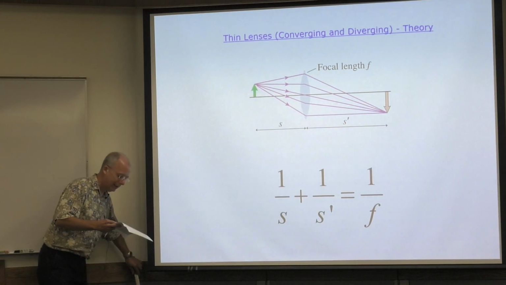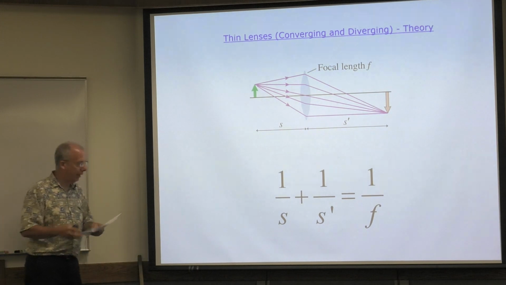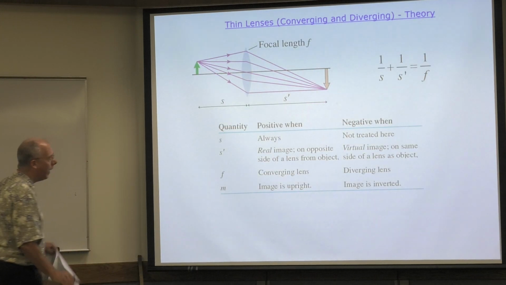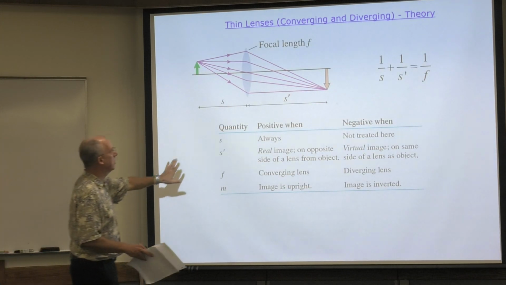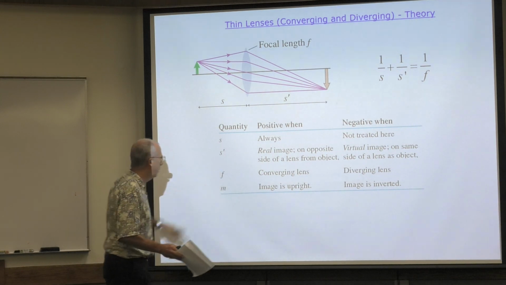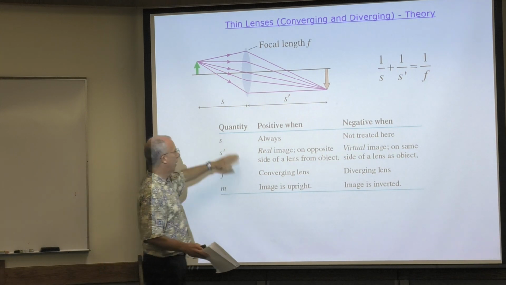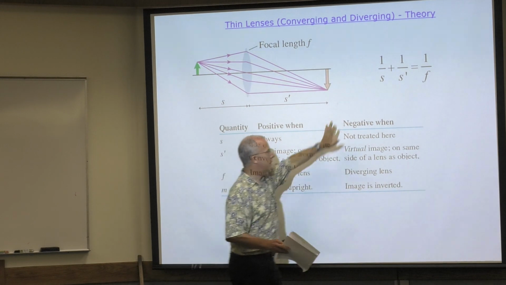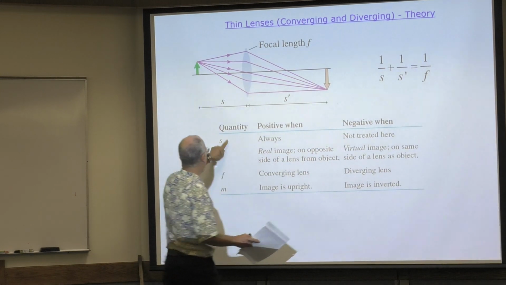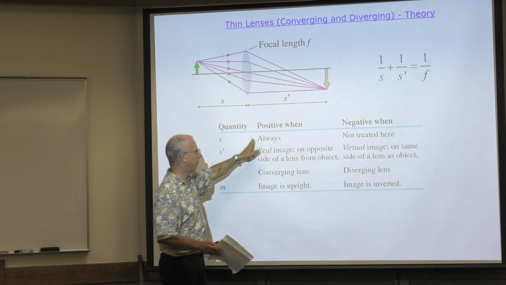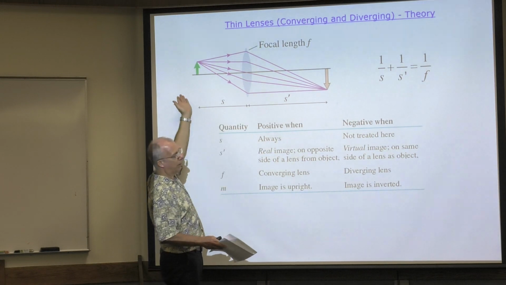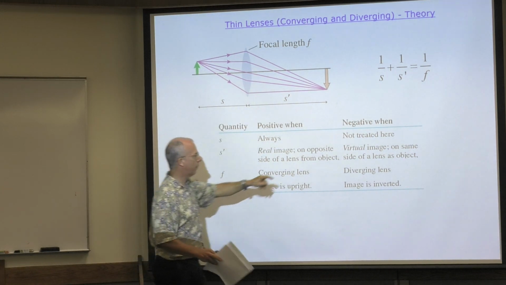It's not so bad. All right, and here's the convention you have to follow. This is positive, this is negative. So s we'll always have positive, because we're always going to have the object to the left of the lens, so we don't have to worry about negative.